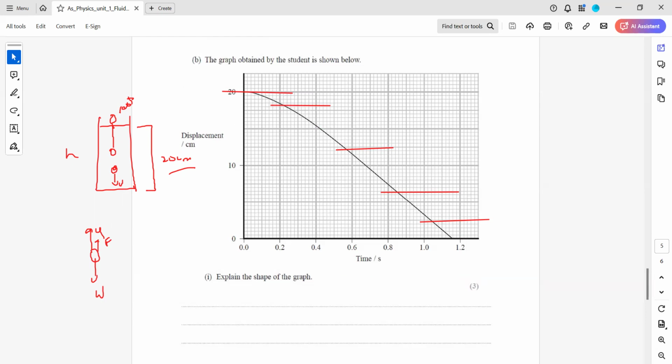So if you have a displacement time graph, the first thing you mention is that the slope represents the velocity. In the beginning, the velocity is 0, or it is stationary. Then, as we release, the velocity starts to increase because the gradient is increasing, and then it reaches a constant velocity as the gradient is constant.